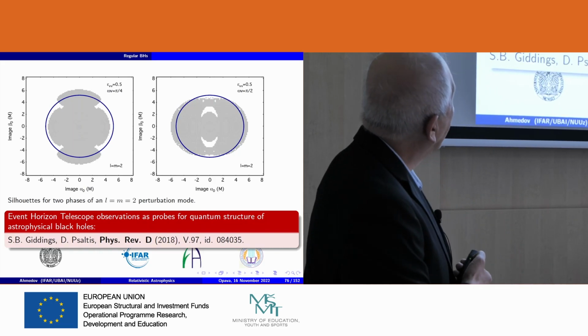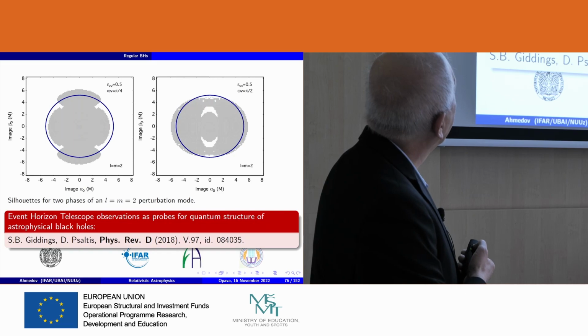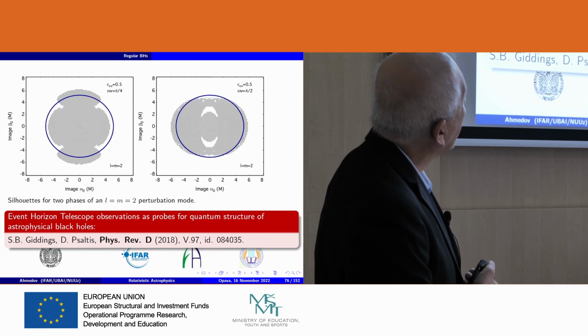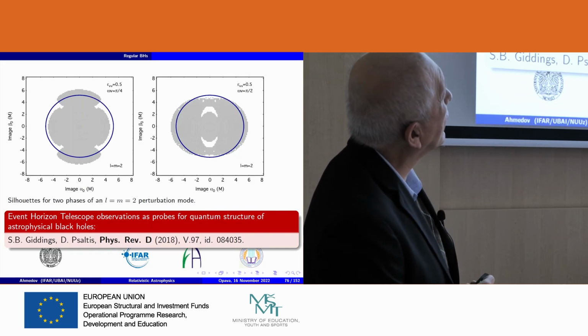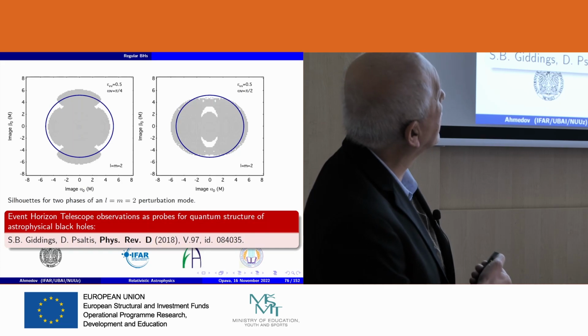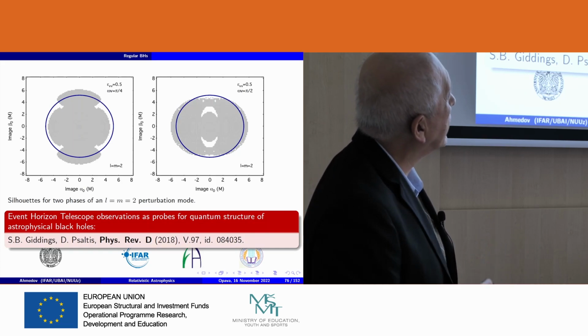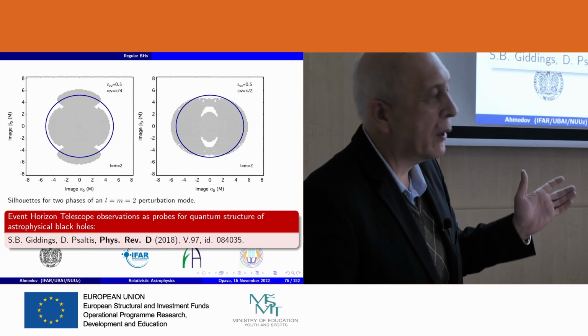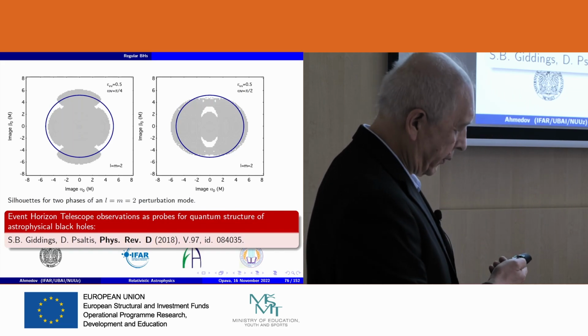But when you look at some different stars, it was shown that some quantum black holes can have such a shape. The shadow can have such a shape, with some bumpy places and something different from the structure which we assume.